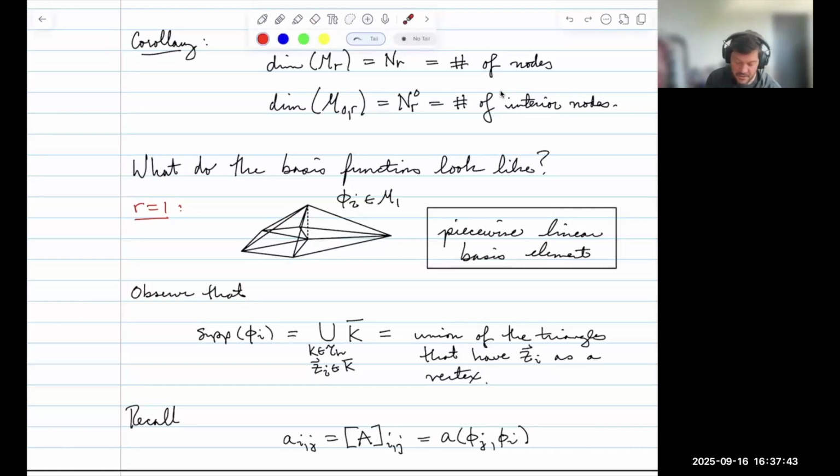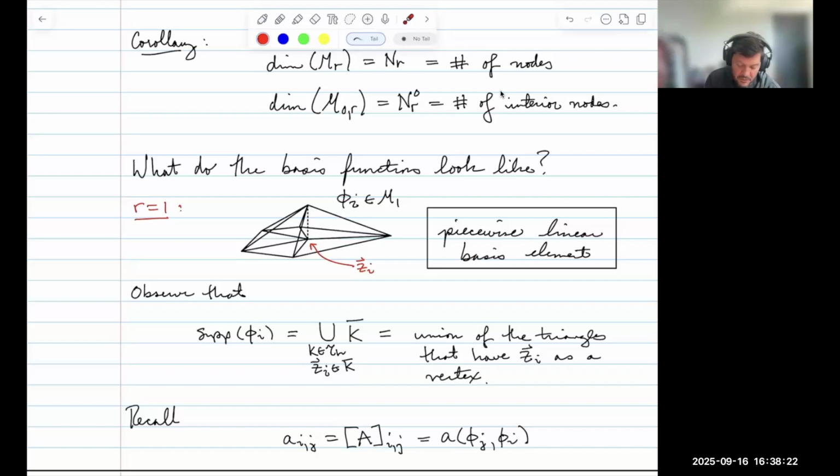So my basis function phi I, if this guy here is zi, then how would it be defined? Well, the basis function must be 1 at that point, and it must be 0 at all the others. That means that when I look at the triangles which touch this vertex in particular, this basis function must look like a tent near that.